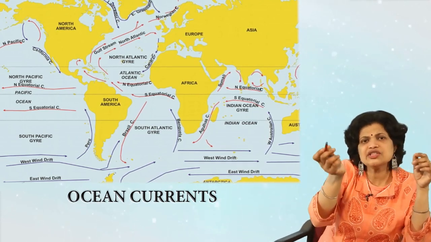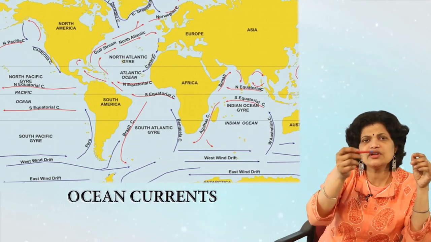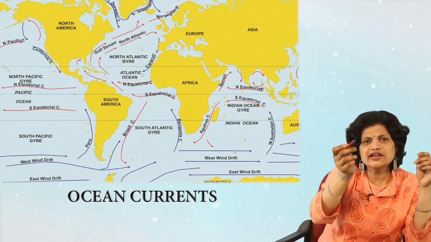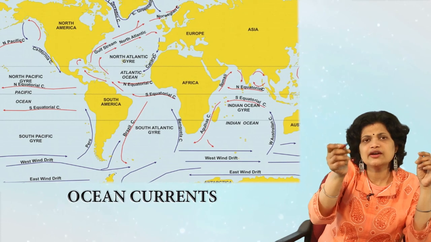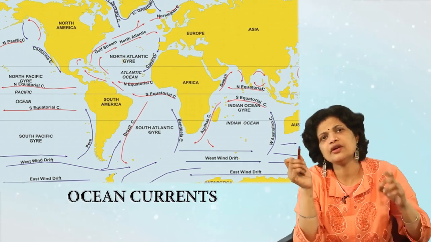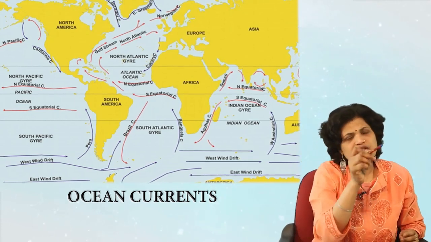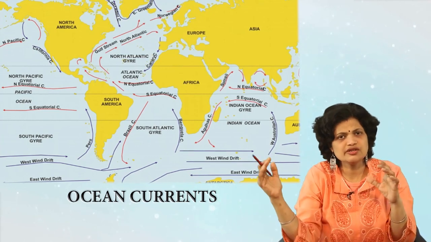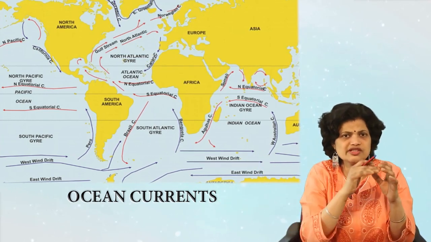And similarly, you see another gyre forms along the South Atlantic Ocean, where again the south equatorial warm current flows from the eastern part of the ocean to the western part.